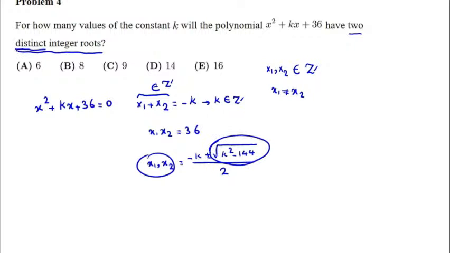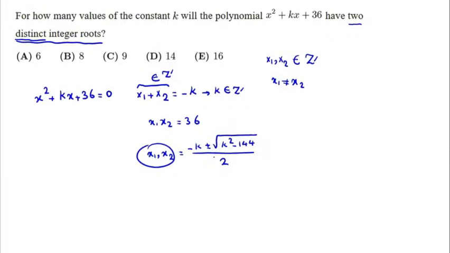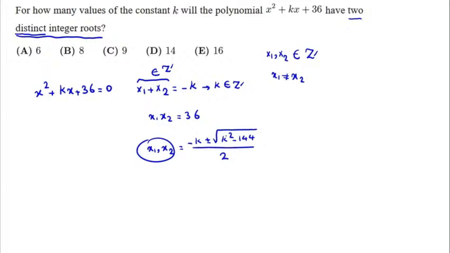I told you before the exam, the discriminant shouldn't be 0, then we have two roots. Okay, so k squared minus 144 should be m squared, and m is not 0 because we want two distinct roots. And without loss of generality, I can say m is a positive integer.